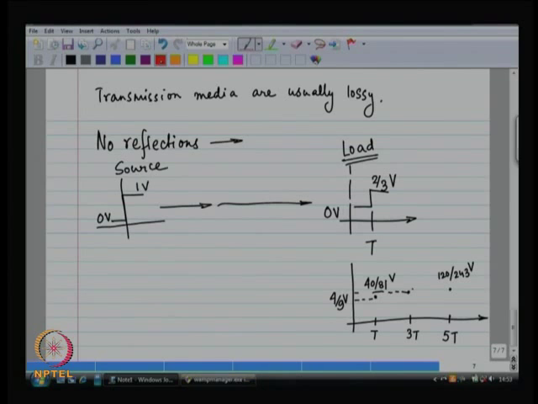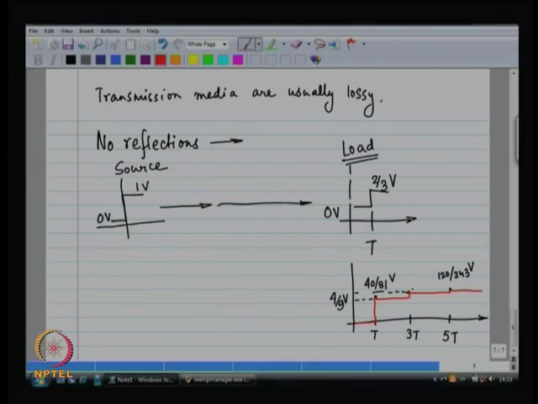So, the waveform that I received looked somewhat like this. I transmitted a pulse, I hoped that I would receive a pulse, instead I got an approximation to a pulse, I did not quite get a pulse anymore.